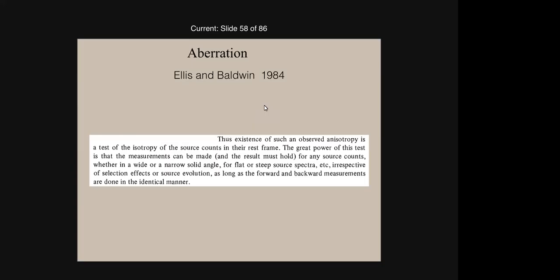So it makes it extremely powerful. It's independent of how you observe, of your selection effect, of the distance. As long as, when you're observing the sky around you, you're not selecting one direction above another.